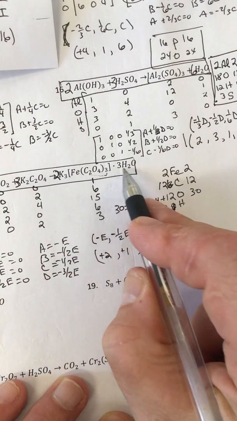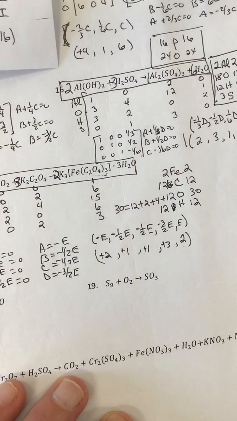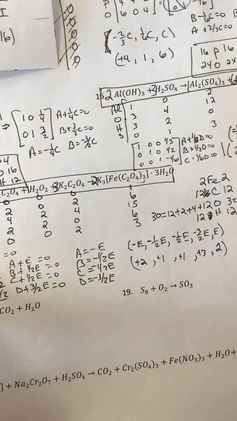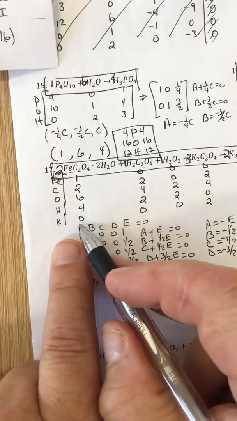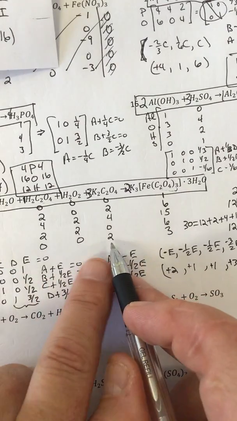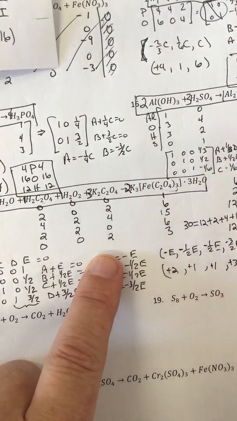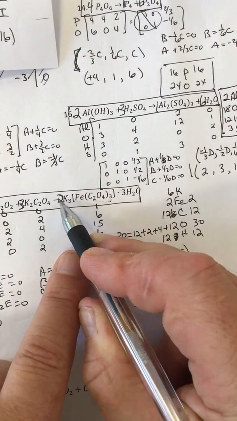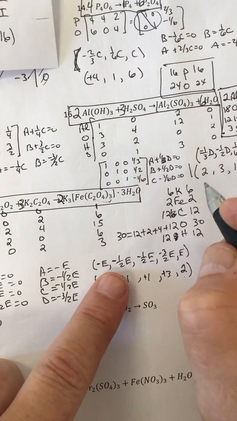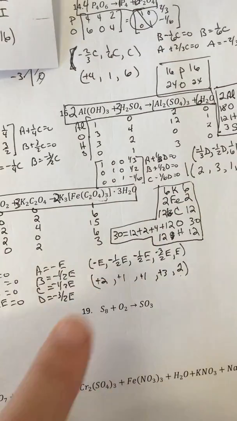Okay, well there's 6, and that whole molecule's been doubled. And the last one, I'll put the K up here. Well, there's none there, there's none there. There's only some K's right in this spot. So there's 2 of them 3 times, so that's 6. And over here, there's 3 of them 2 times, so that's 6. So there's our element list. Everybody is balanced.